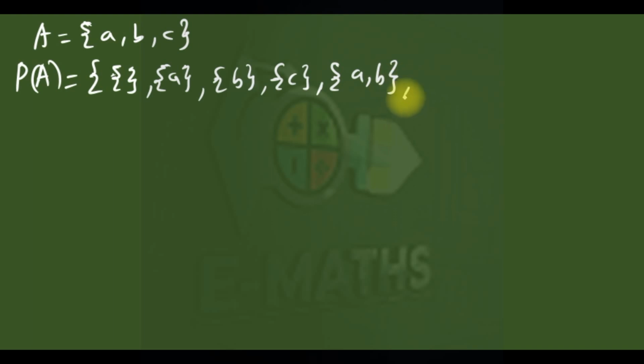Yes, it's also part of the power set, the empty null set, formed by excluding every element. We can still have a set that contains only element A. We can still have B. We can still have set C. Yes, we can still have A, B. We can still have B, C.